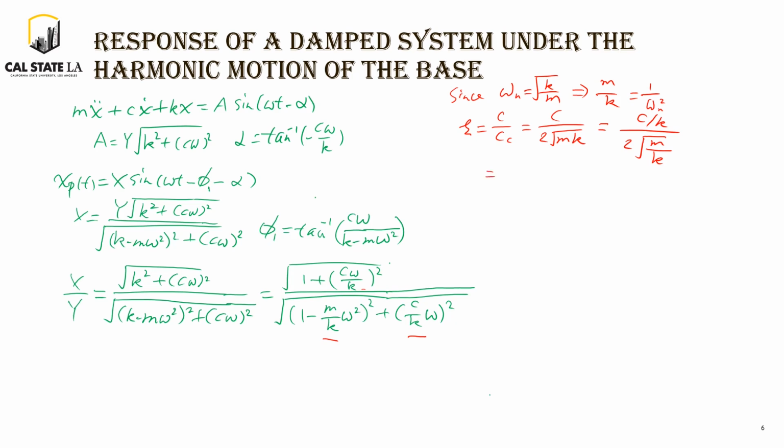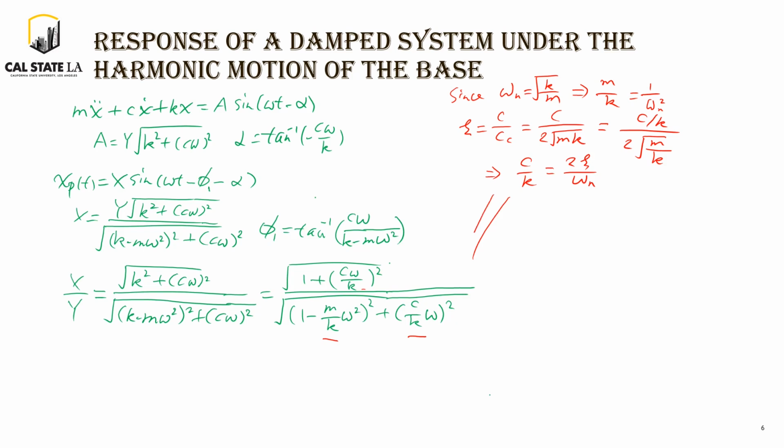So this is how we find that c over k is equal to 2 times zeta over omega n. Let me rewrite it: 2 zeta over omega n.